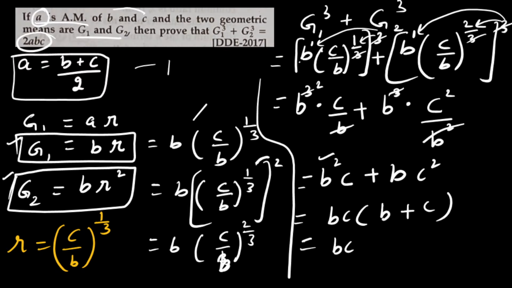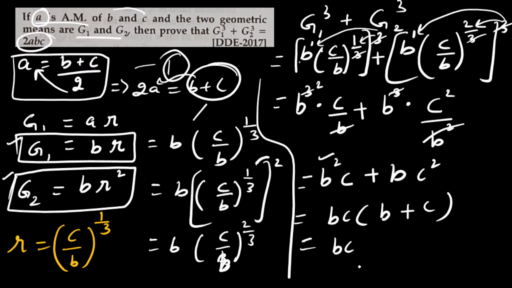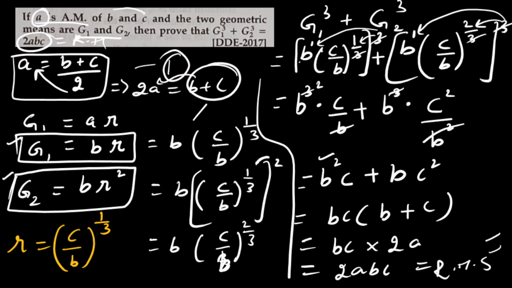From the first one, regarding the arithmetic mean, the thing was given to us. 2, I'll just shift to the other side, so I'll get 2a is equal to b plus c. So b plus c's value from the first equation is 2a. So 2a into bc is 2abc, which is the required thing. This is the right hand side of the given thing, so hence proved.